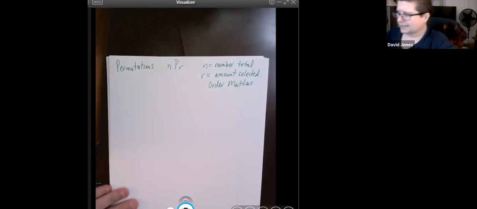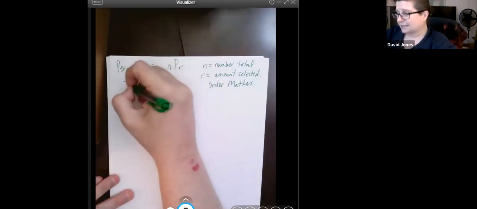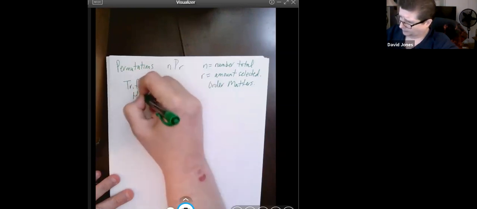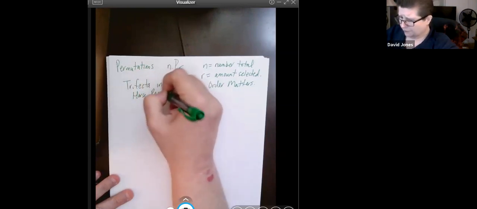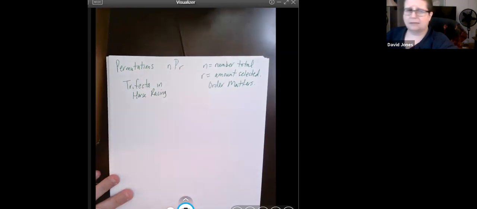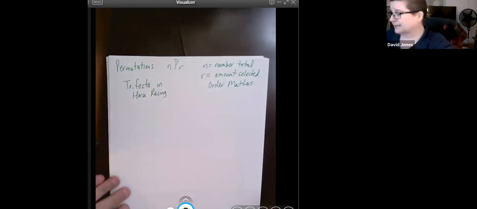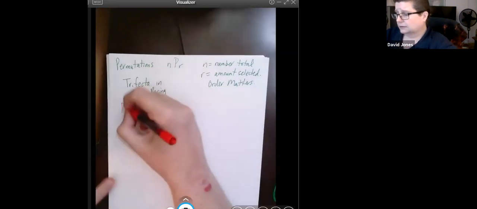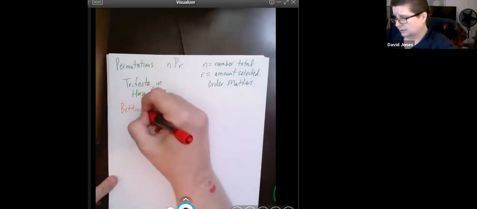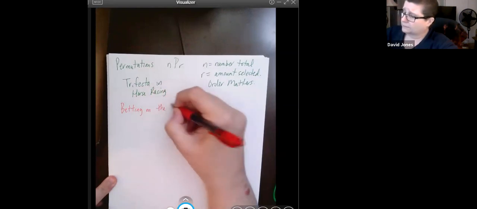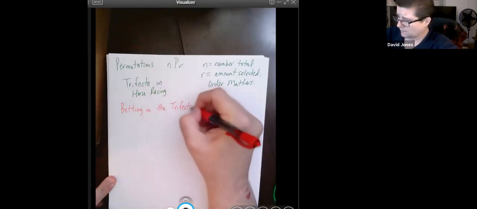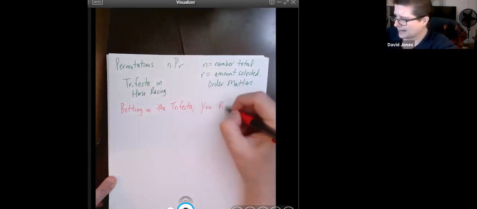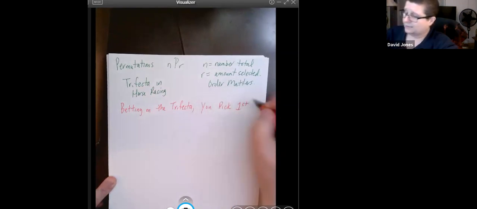So horse racing, let's talk about the trifecta. Trifecta in horse racing. It might be in other forms of racing too, like dog racing, maybe car racing. I don't know if they call it the trifecta there. When you bet on the trifecta, you pick first, second, and third place.